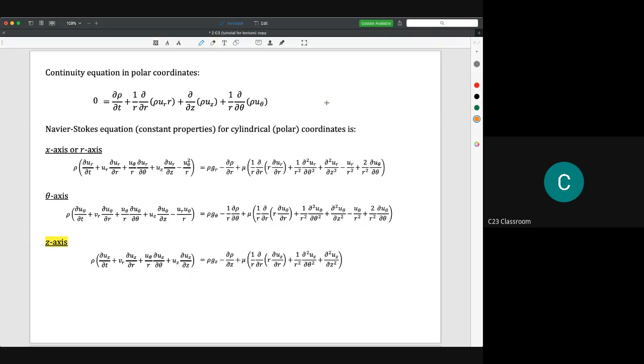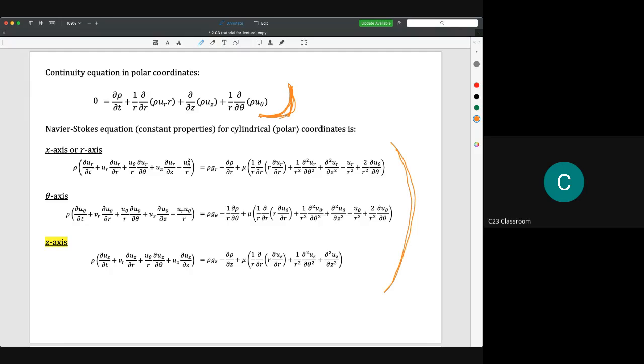This is the continuity equation for polar coordinates, and this is the set of Navier-Stokes equations for polar coordinates. The continuity equation only has one term, so you will use that if necessary. In this situation we don't use the continuity equation.